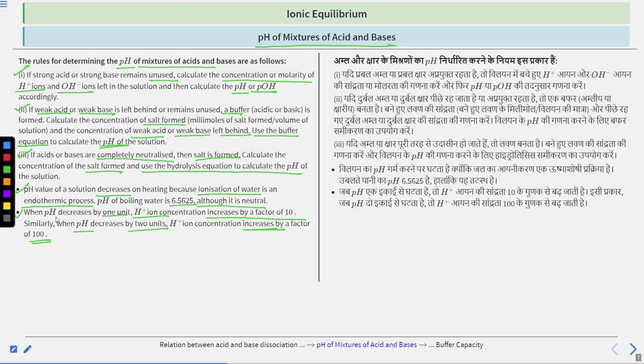The second point is that if pH decreases by 1 unit, H+ ion concentration increases by a factor of 10, and similarly, if pH decreases by 2 units, H+ ion concentration increases by a factor of 100.